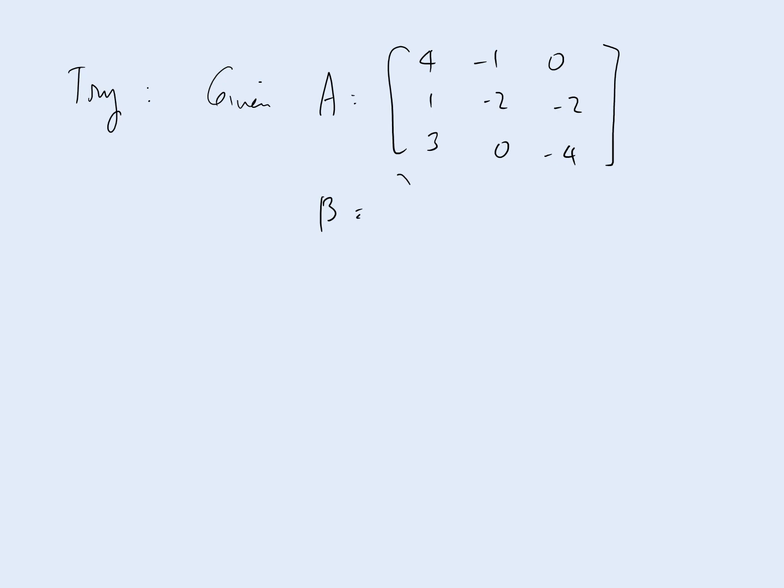You may try this one. Say we are given A equal to 4, negative 1, 0, 1, negative 2, negative 2, 3, 0, and negative 4. Another 3 by 3 matrix B: negative 2, 1, 3, 0, negative 2, negative 1, 1, 3, and 4.